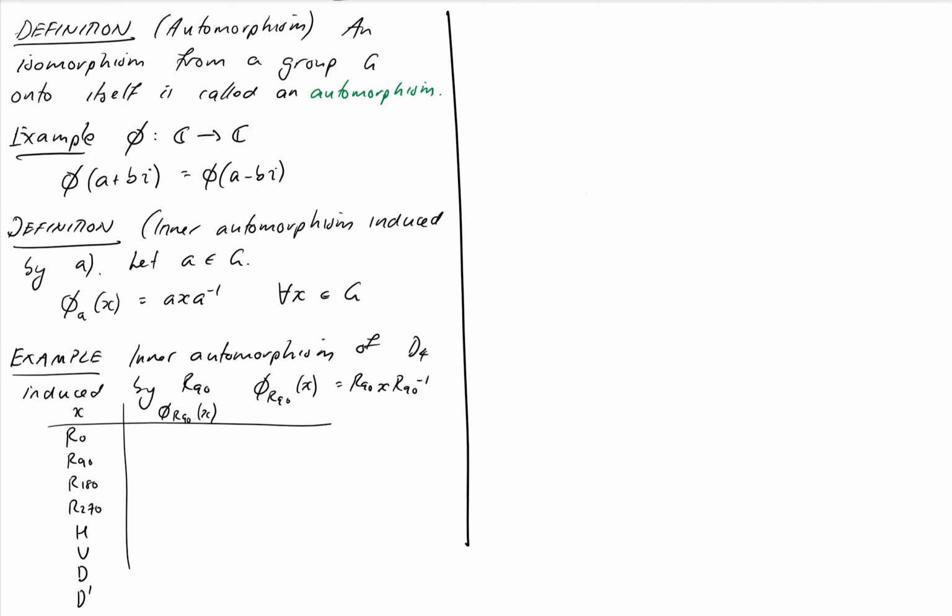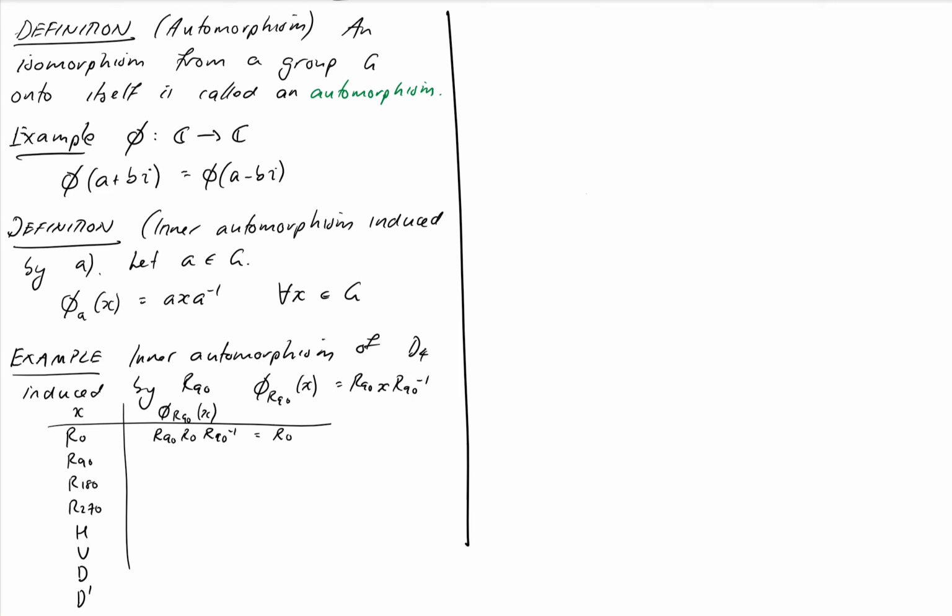So if we go back to here and put R0 into our formula, phi R90 of R0 is just going to be R90 times R0 times R90 inverse, and if you multiply that all out, we know that R90 inverse is R270, so that overall gives us R0.